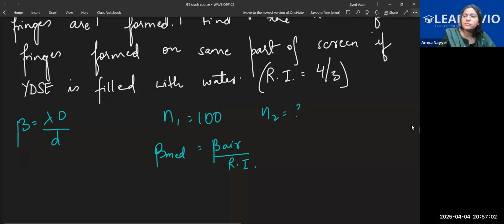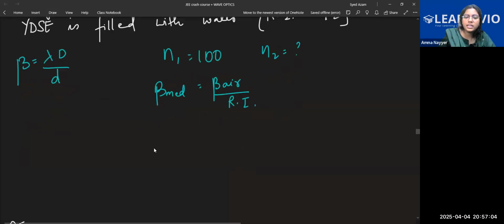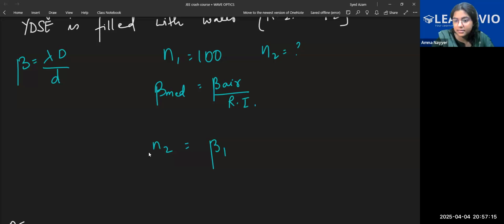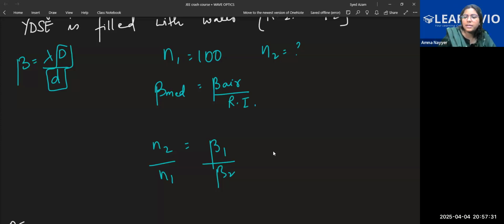When you have to calculate the number of fringes, beta and n will be inversely proportional. So n1 divided by n2 equals beta 2 divided by beta 1. Now capital D and small d are constant, so instead of beta 1 and beta 2, use lambda 1 and lambda 2 whenever they are given.